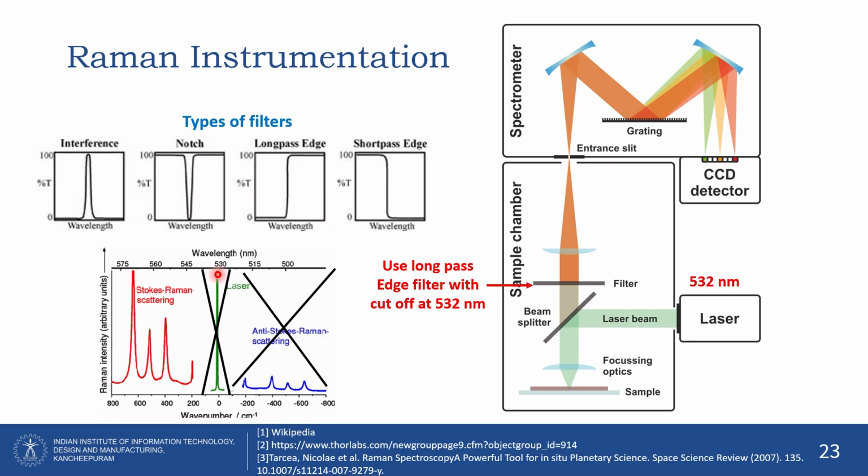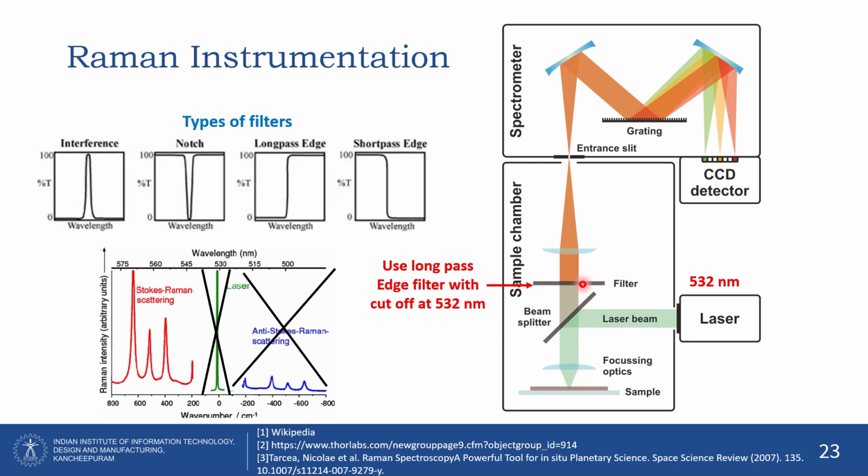to remove, in addition to the long pass filter, to reduce the intensity of the light source, because the laser will have significant light intensity. You have to reduce that intensity with an OD of 5 to 6 to reduce it significantly, so that you actually observe only the Stokes shifted Raman spectra. Okay. So there are different kinds of filters available in the market that you can actually use, but basically for this you need to use a long pass filter.